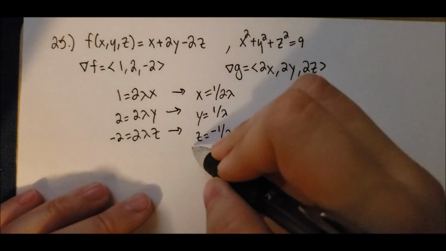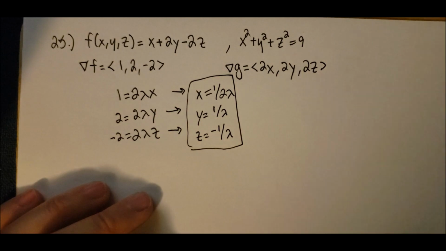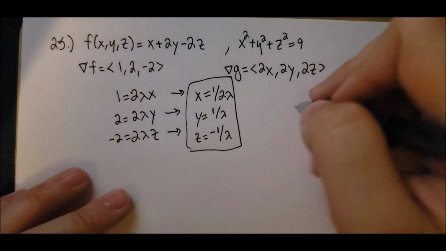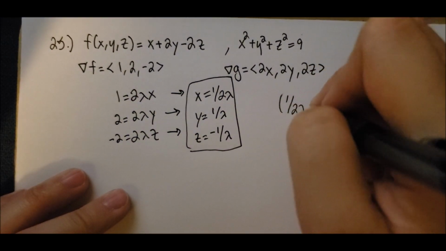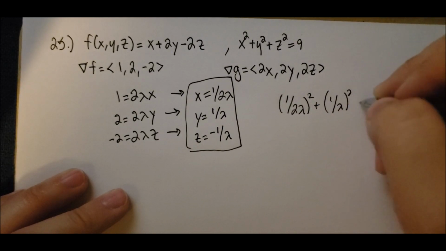So then I'm going to put this into my constraint. And I get an equation with just lambda.